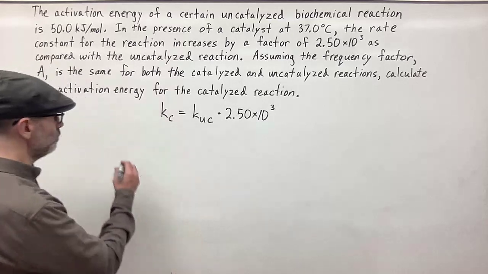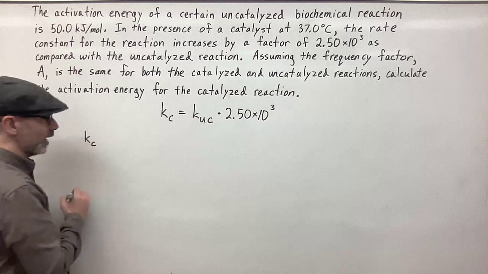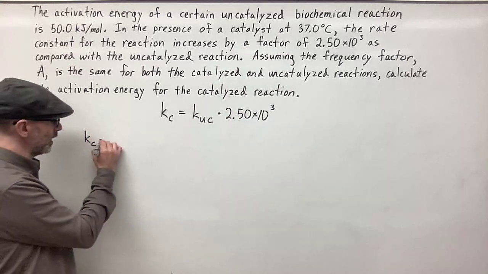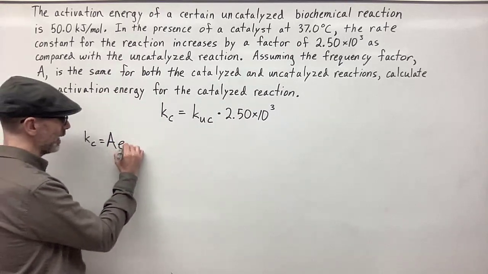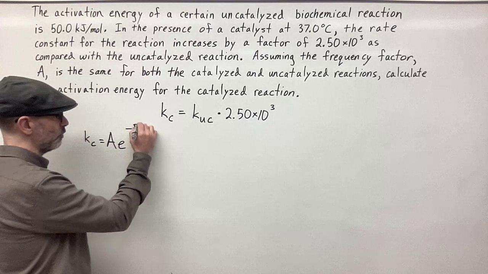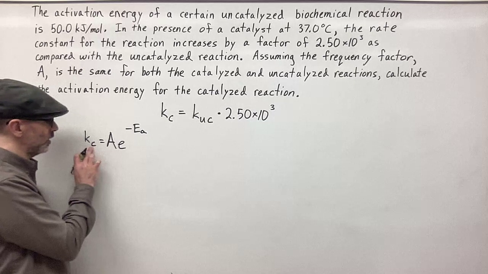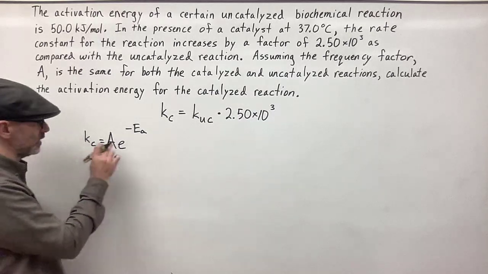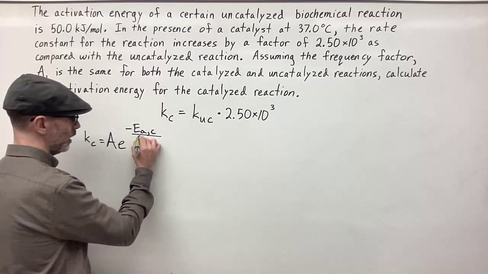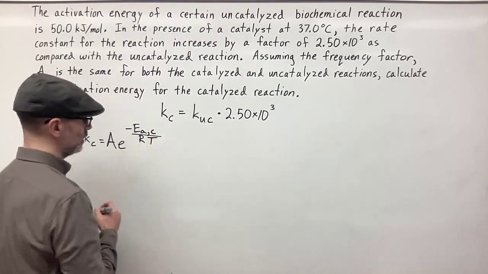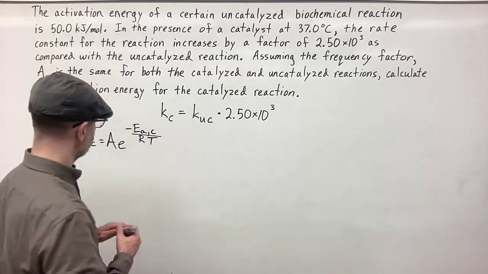So keep in mind that K, the rate constant for the catalyzed reaction, is going to be equal to A, the frequency factor, multiplied by E raised to the power of the negative activation energy, and we're going to distinguish this as the catalyzed activation energy, so we'll put a C there, divided by the gas constant R times the temperature T. I'll get to temperature in just a moment.